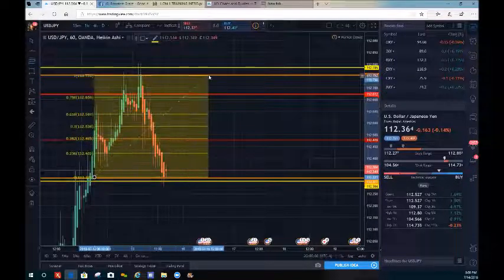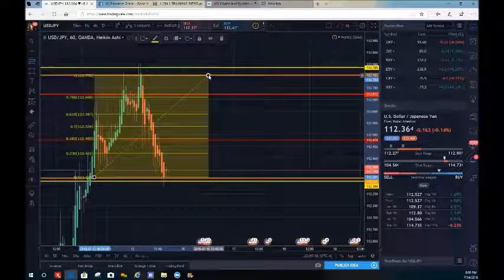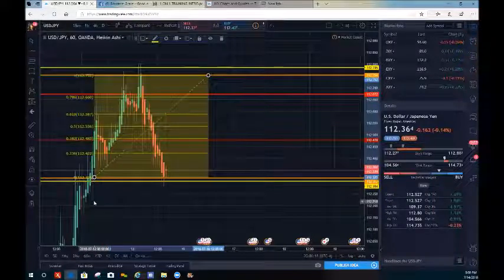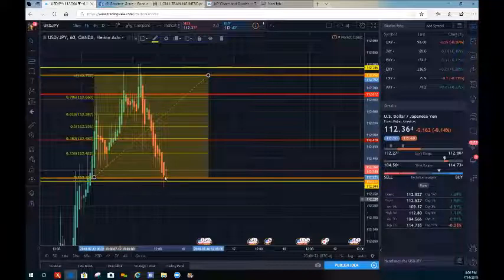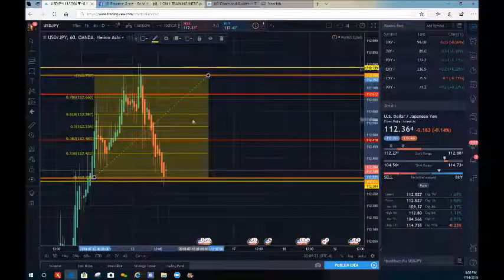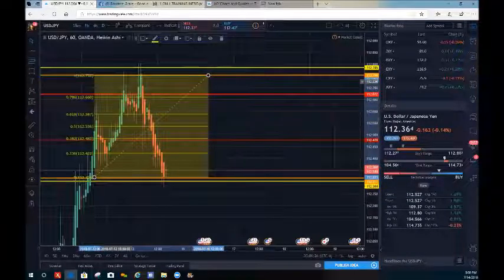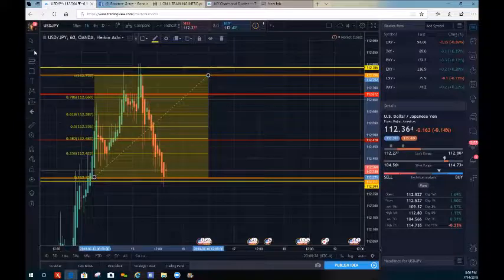There we go. I'm going to do it that way. So now I went from my low line to high right here. So I'm going to go ahead and get my 38.2 in here.